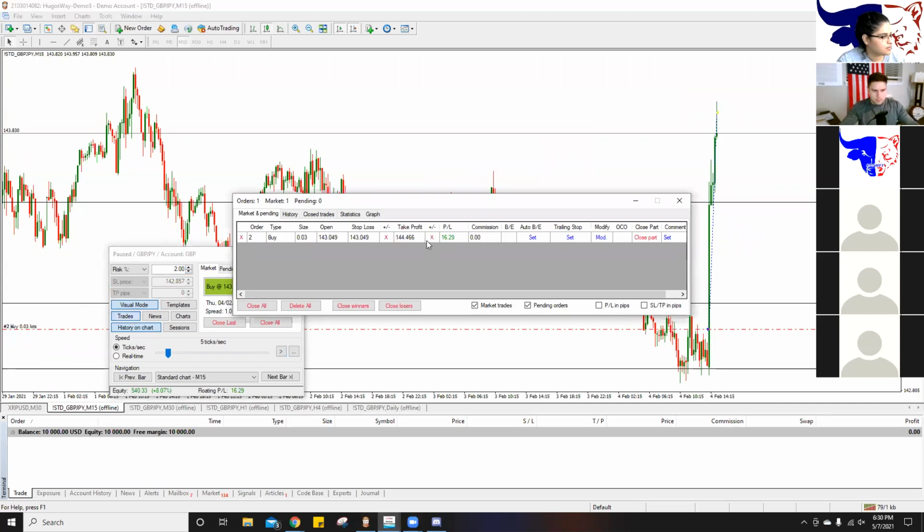So I would trail the stop loss here. I would just do it at 143, let's say 153. So I'm still giving it enough room to correct this massive movement that we just made, right? The market's always going to correct itself. So correct that move. I'm still giving it enough room, but if it breaks below that, I don't want to be back in a consolidation area holding the trade.